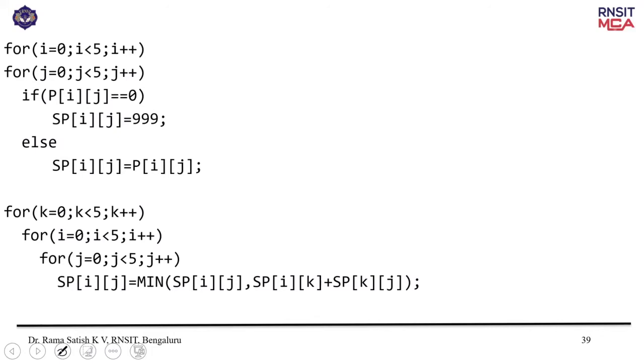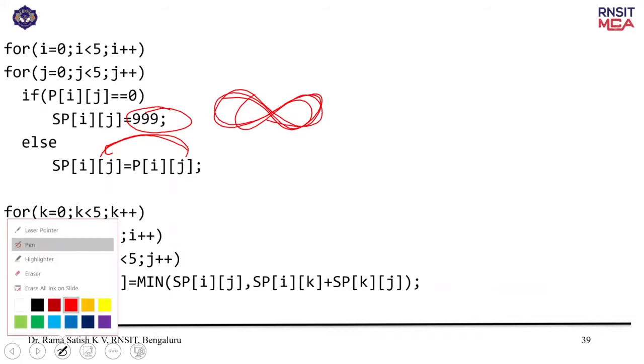Of course, if there is a path, you store that path value into SP of ij. If it is 0 or not present, you write it as 999. 999 is nothing but infinity. Infinity is nothing but there is no direct path. If you have a direct path, write that value. If you don't have a direct path, you write it as infinity.